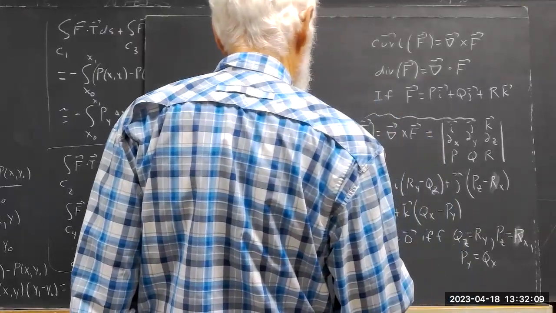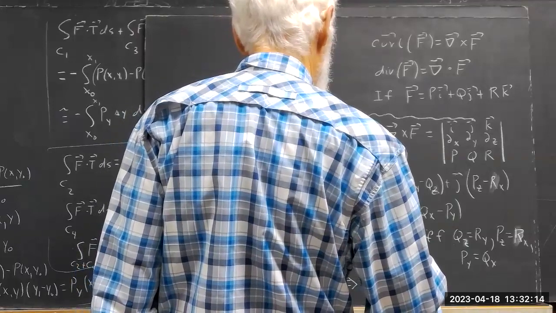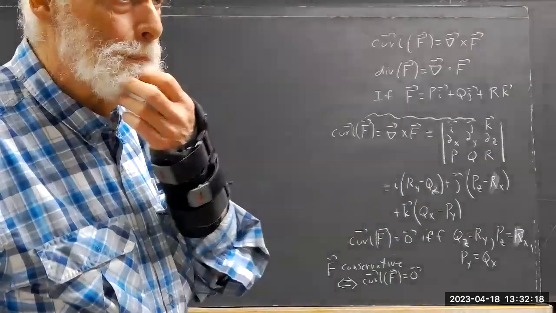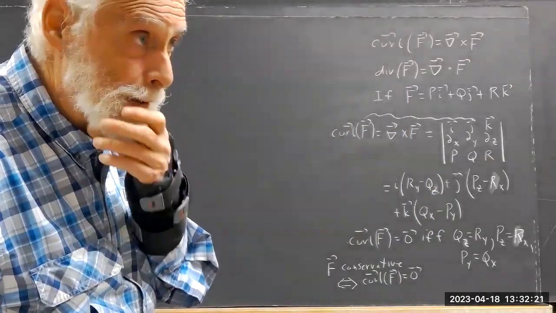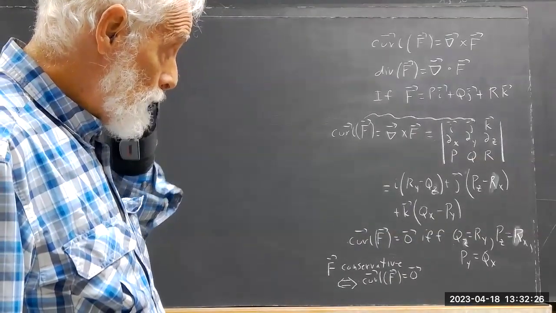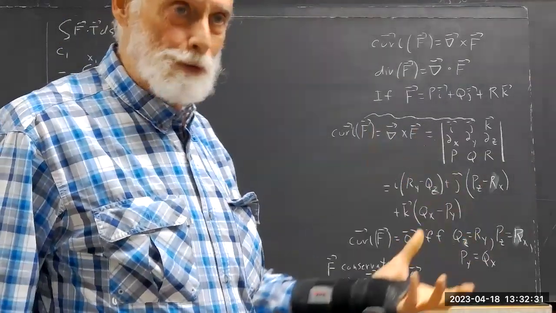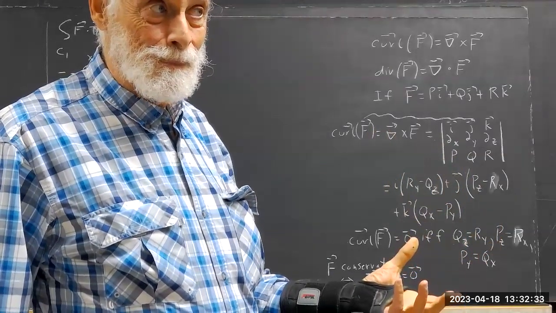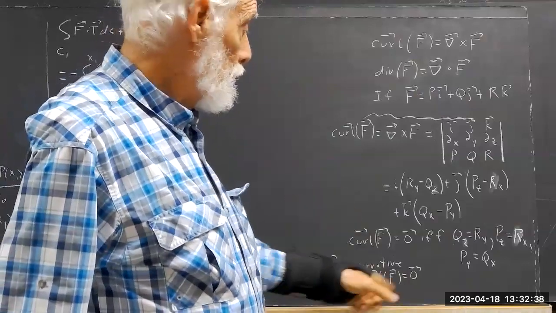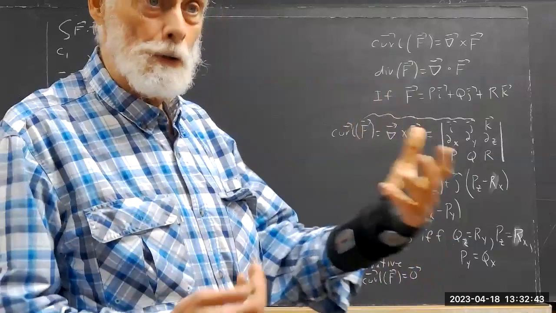if and only if the curl of F is zero. Okay. So if you've got an electric field, for example, and you've got a formula for an electric field, and the curl isn't zero, then that electric field didn't arise from charge.